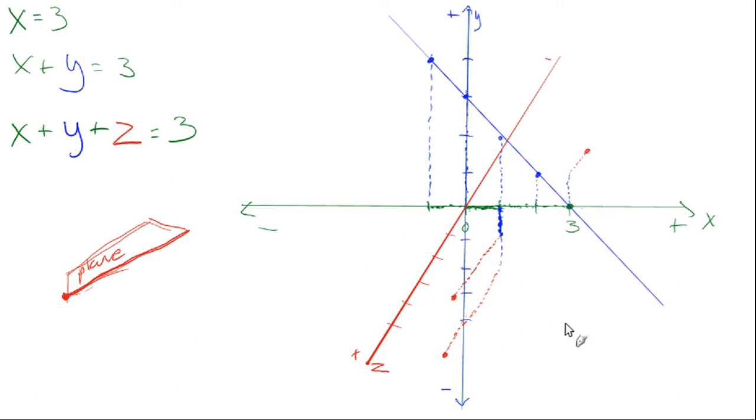So if we were to graph all of the points we possibly could in the 3 dimensions and connect them all together, since all of these variables are to the first power, we would get this flat piece of paper type shape. Okay.